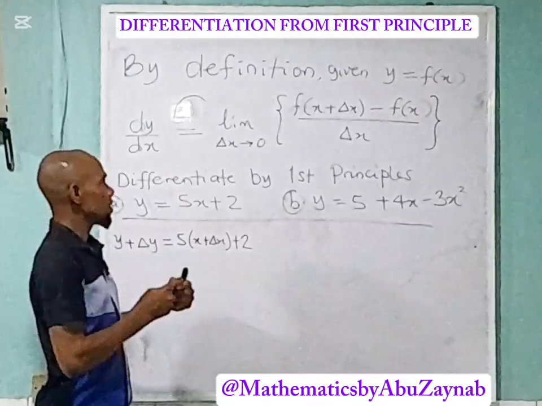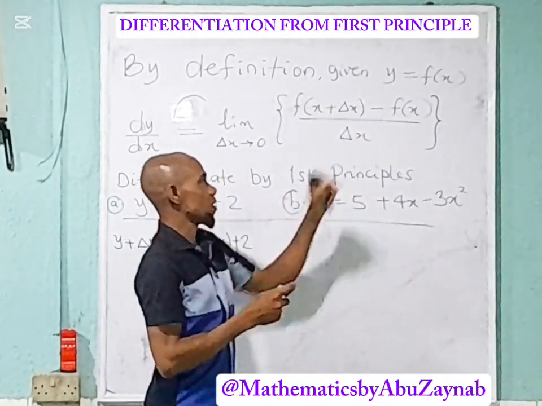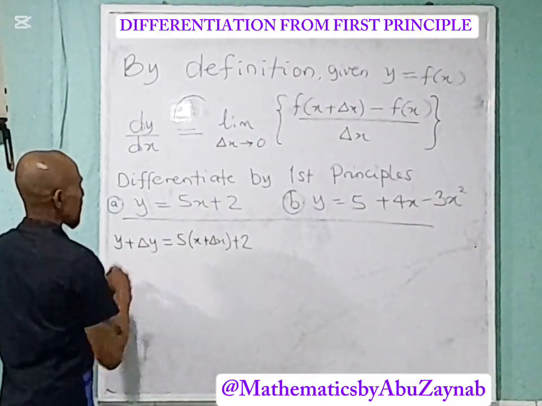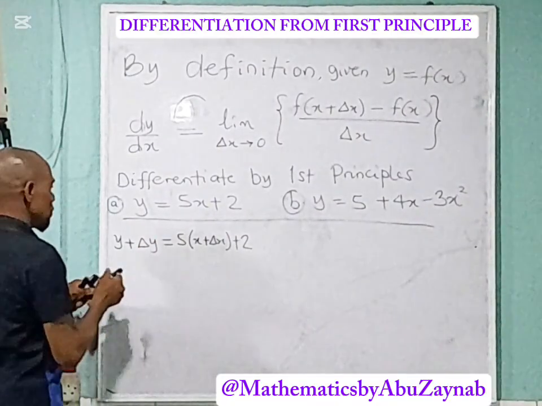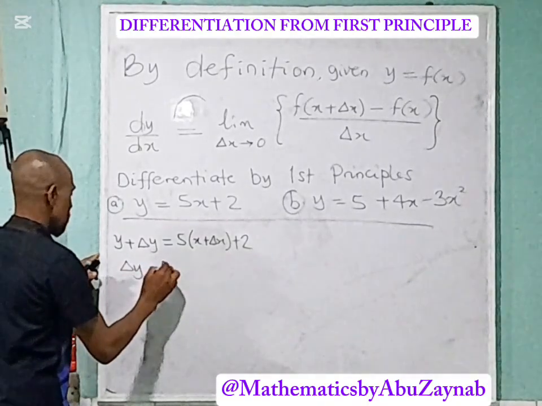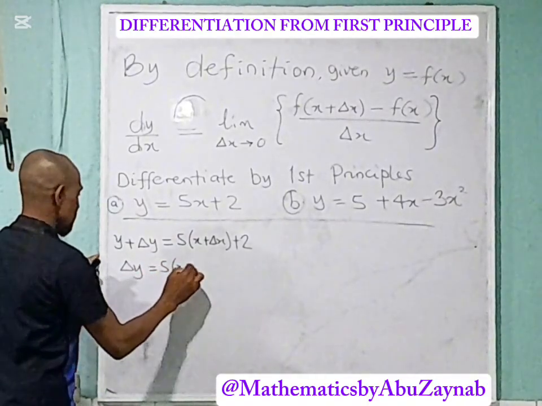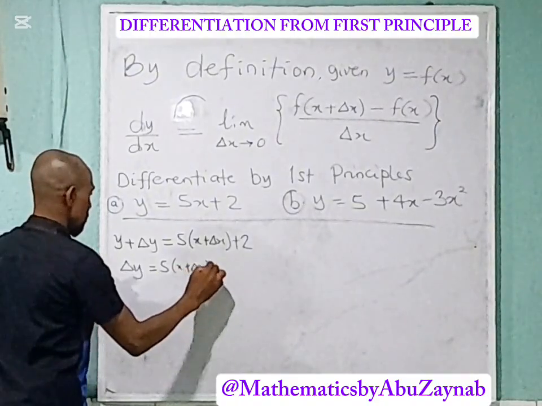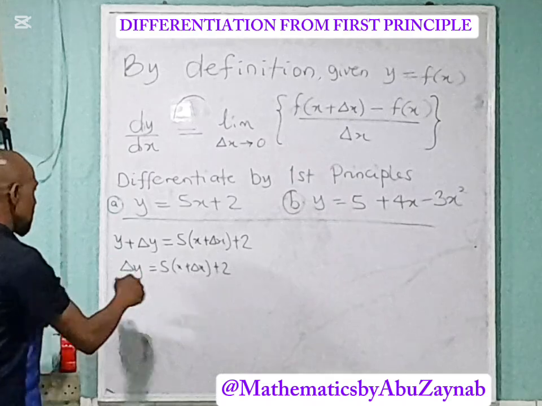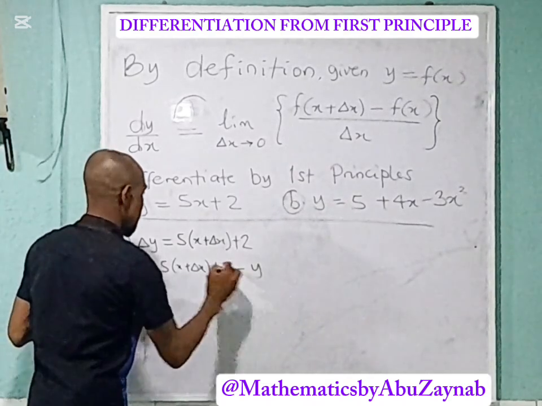So by definition, the next thing is what? We are going to subtract f of x. And y of x is what? 5x plus 2. So the next step will be delta y equals 5 bracket x plus delta x plus 2, which is the original, then minus y.